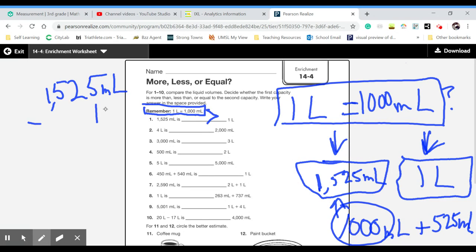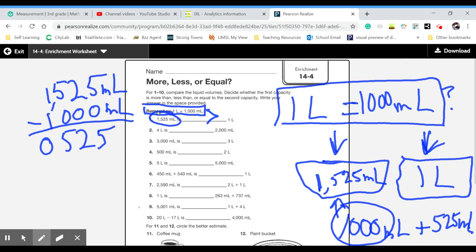Well, we can't just put 1 liter here. We have to make this into milliliters, so we can subtract milliliters from milliliters. So this would be 1,000 milliliters. It's 5, 2, 5, and 0. So there's actually 525 more milliliters right there.